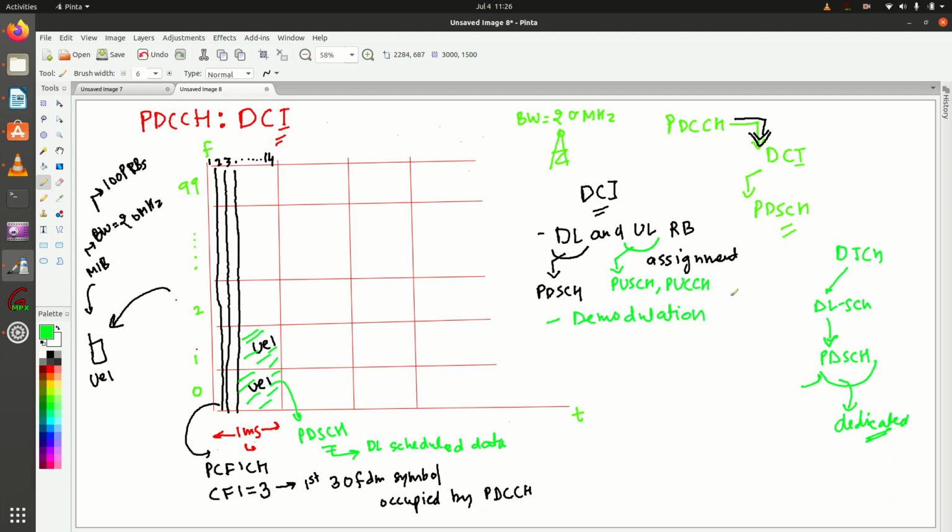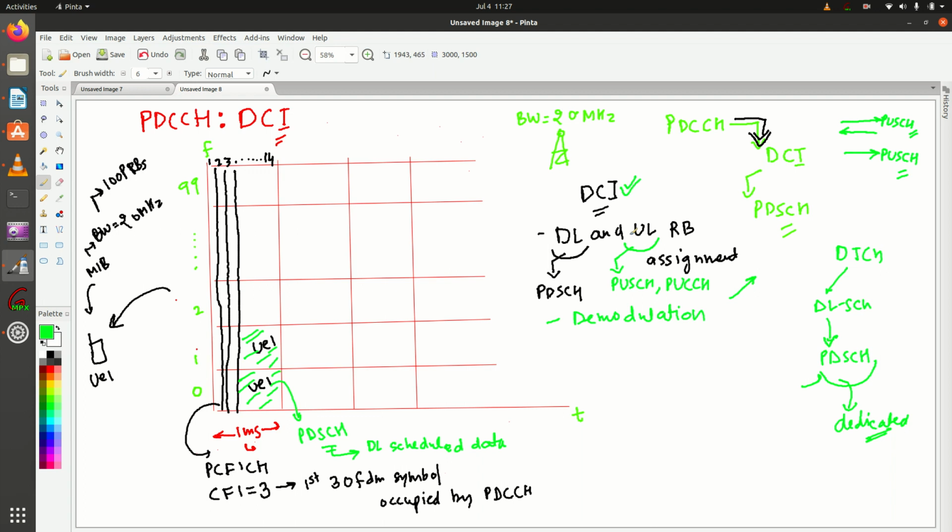I'm giving you an example: in RRC connection, the UE sends an RRC connection request, then it receives RRC connection setup, then it sends the RRC connection setup complete message. This complete message uses PUSCH. The RRC connection request message also uses PUSCH. So this assignment of PUSCH is also provided by DCI.